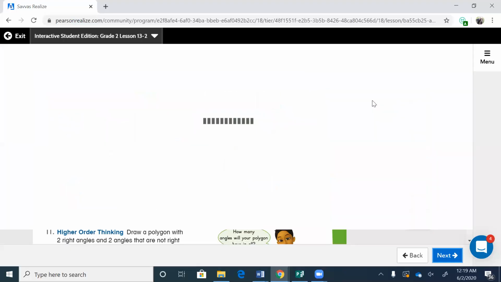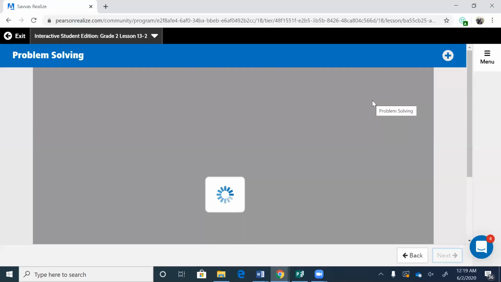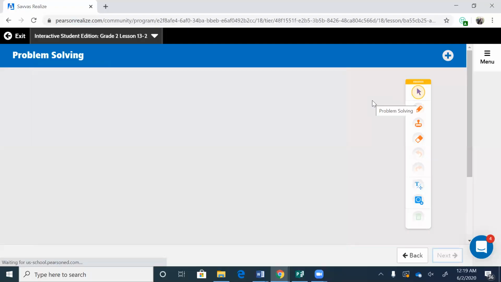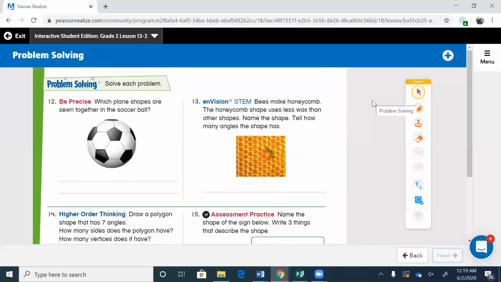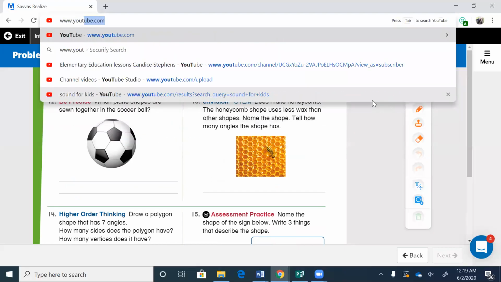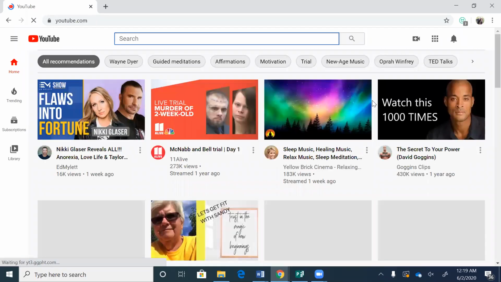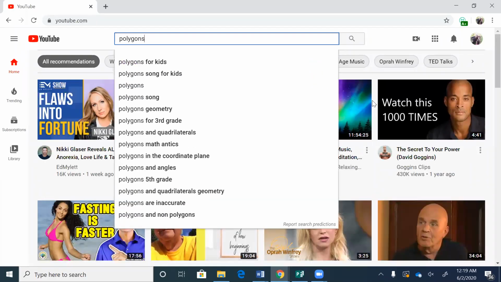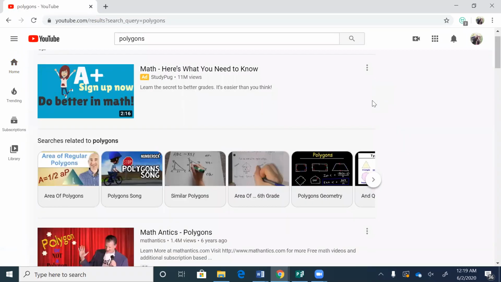Okay, I've had enough of that. That's annoying. The sheet didn't explain it the way I think it should have. Okay, how about if I put on a YouTube video about polygons, just so that we can even learn it more, because it's hardly much of an introduction that they give us.